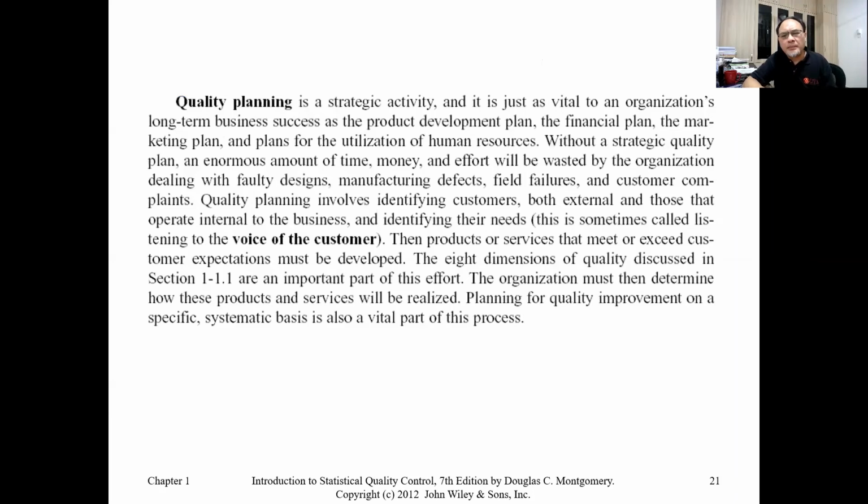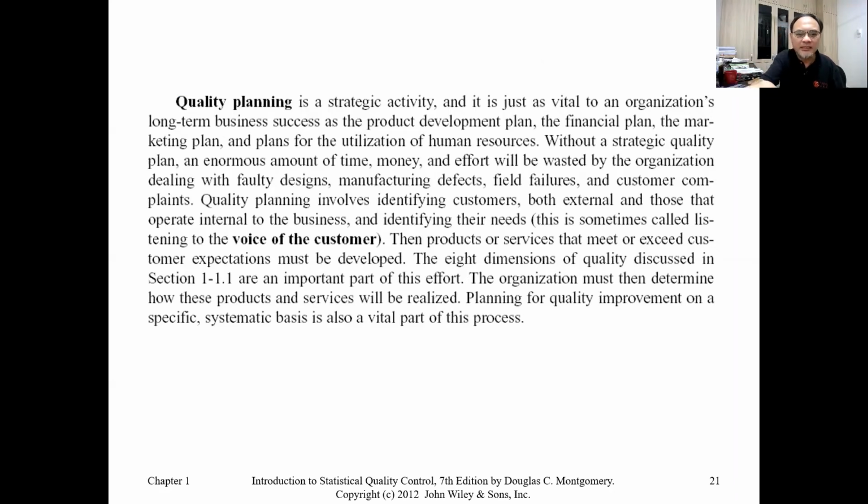So quality planning, simply put, is you have to plan for quality. You have to decide where you're going to do inspection. You have to decide the human resource training. So it's put at a strategic level, a strategic quality plan that the company level decides, involving identifying customers and identifying their needs.